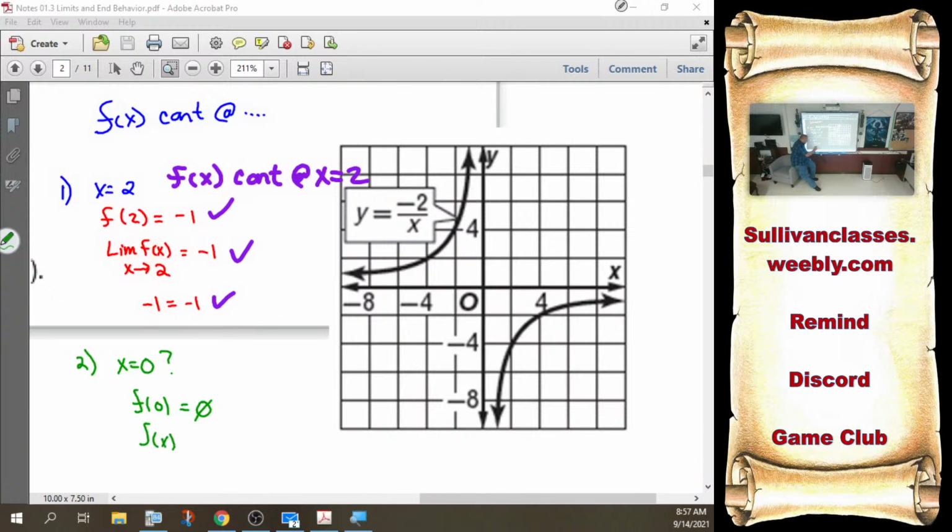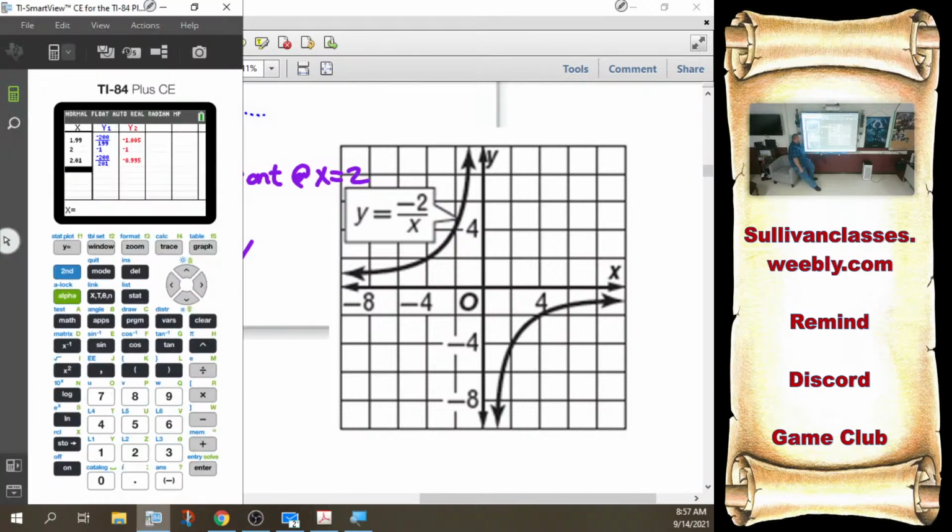Go f of x as x approaches 0. Go to your calculator and type in -0.001. Get really, really close to 0 from that side. Go to +0.001.